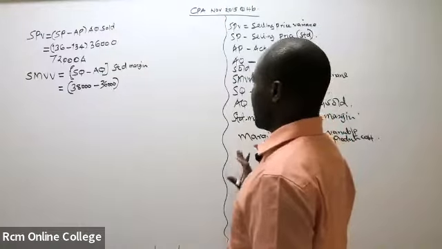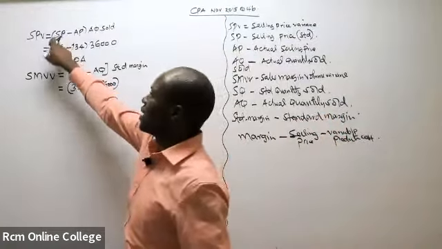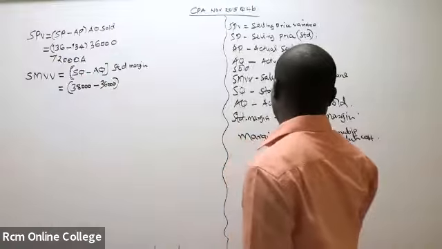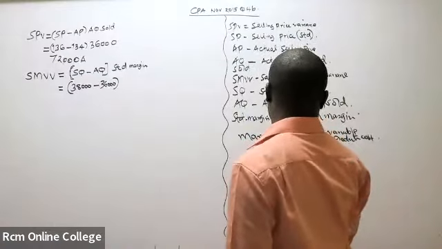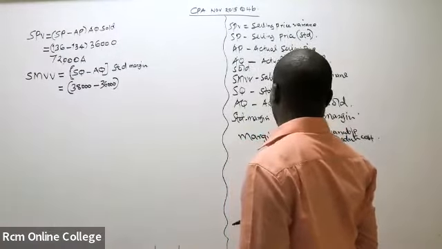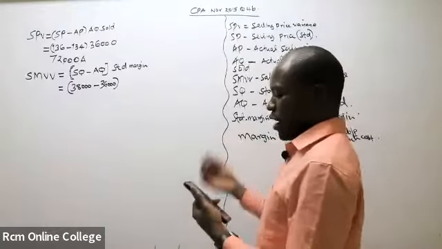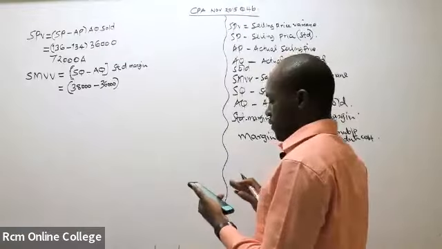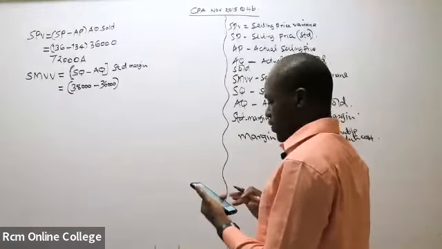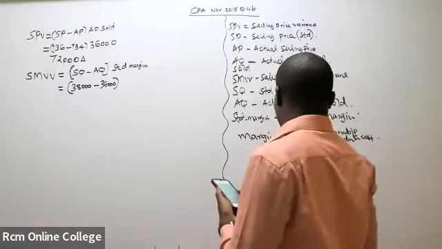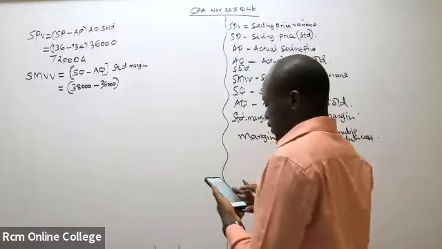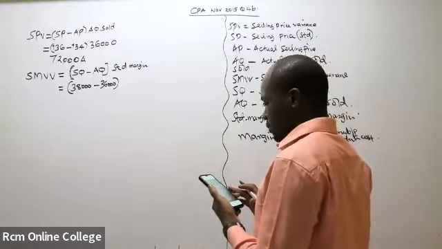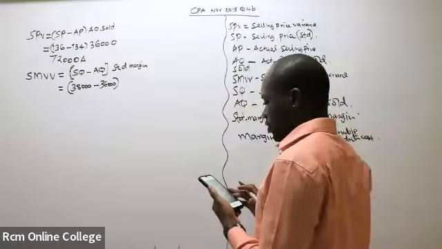What was the standard selling price? We get it from up here. Standard selling price 136. Minus variable production cost, we have direct material, we have direct labor, and variable production overhead if it is there. Let's start with direct material.